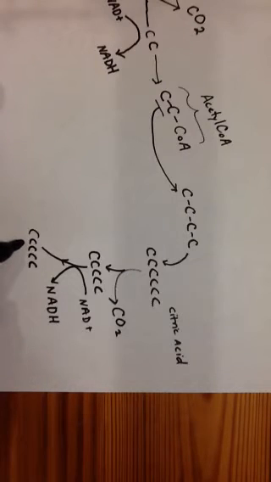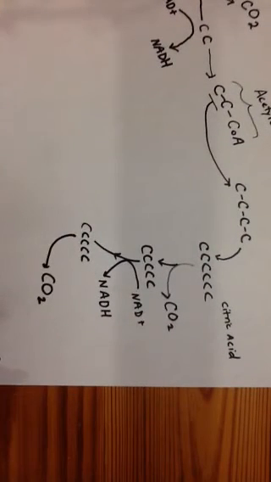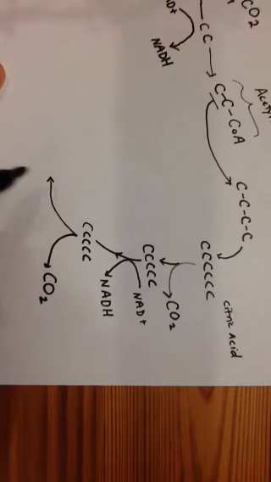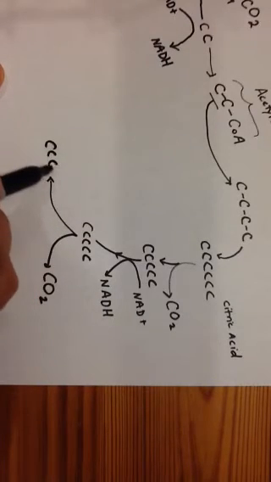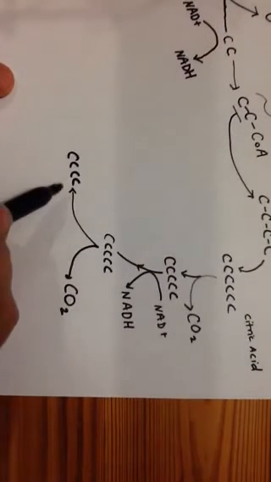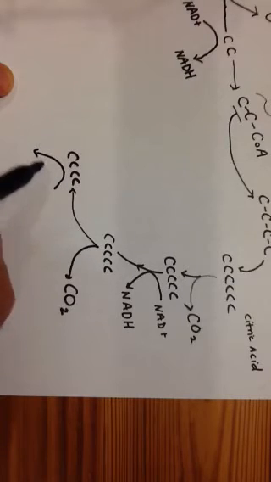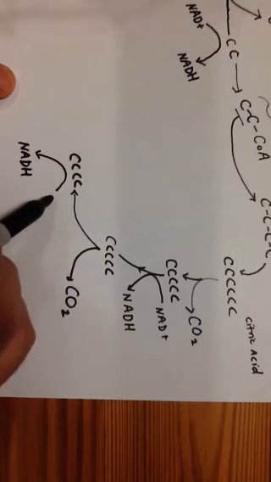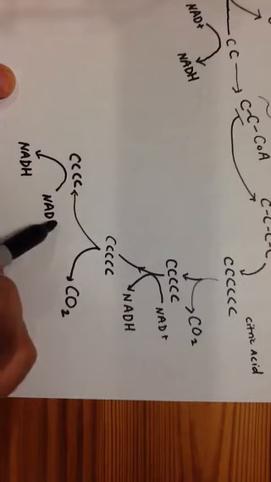We are then going to remove another carbon in the form of carbon dioxide. We need to have another oxidation event where we produce another molecule of NADH from NAD+.